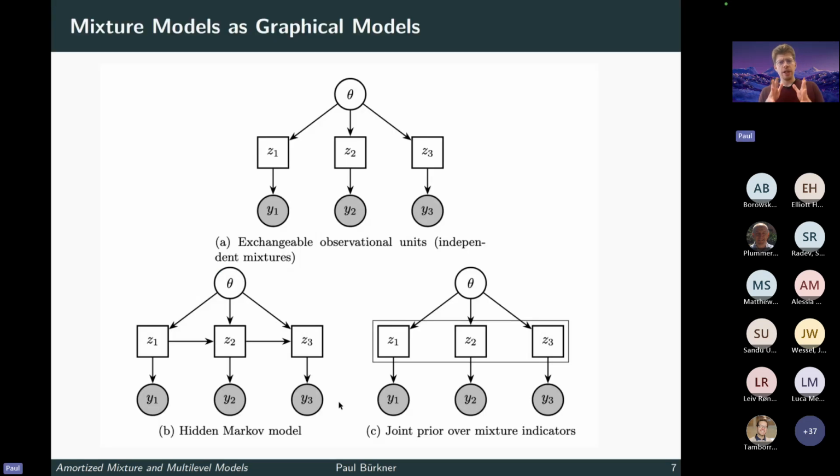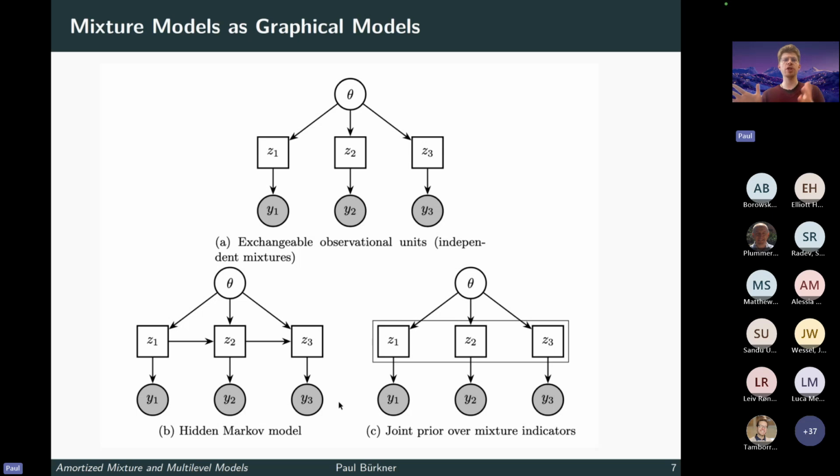Okay, so if we are thinking of mixture models as graphical models that have this kind of specific factorization, we can, for example, look at it as the following. So we're changing the notation now, so a bit of flexibility. We have some overall parameters theta, and each of these overall parameters theta, they control the mixture indices z. So in a mixture model, more generally, each observation, if we take it simple, may belong to different kinds of groups, so different kinds of mixture components.